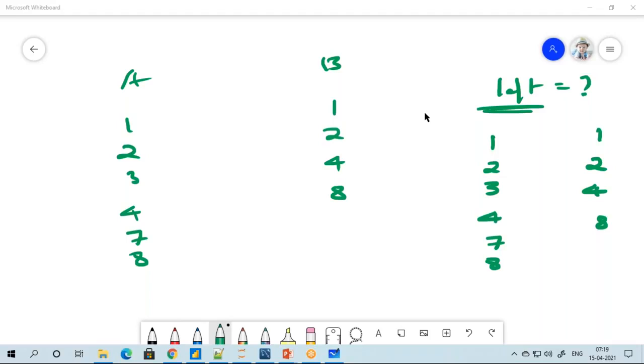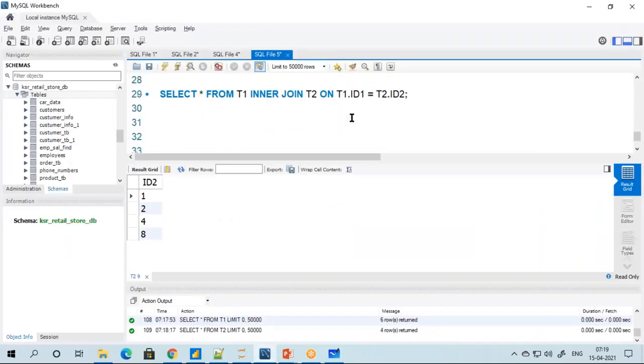Sorry, wrong, it's 1, 2, 3, 4, 7, 8. Okay. What is the change I have to make in the code?